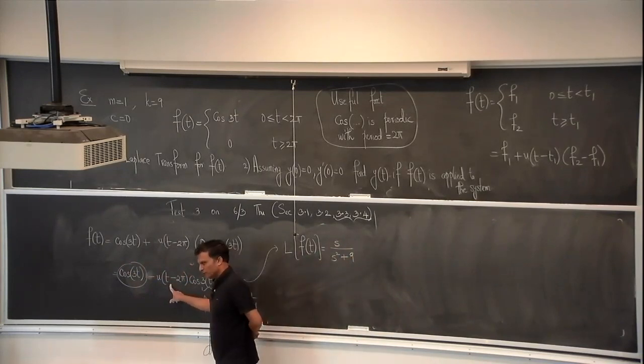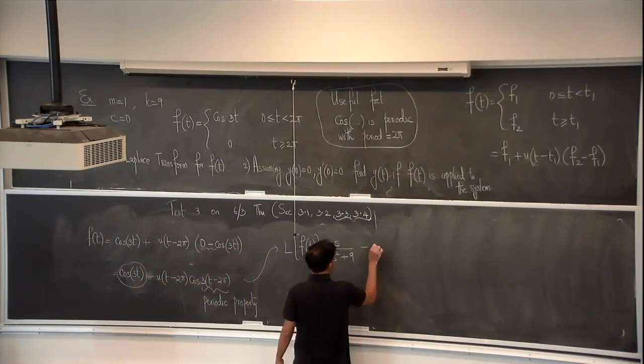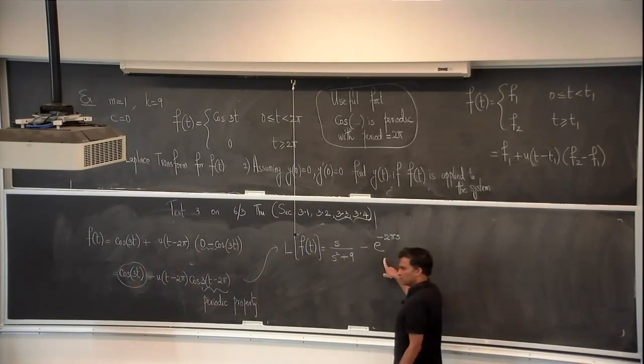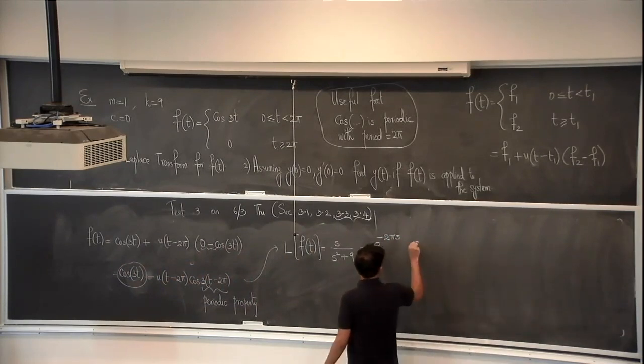This is the one that you have to be careful about. U becomes e when you go to the right. That's minus e to the power of negative 2 pi s. There's no s in the denominator. Look at the second shifting theorem. It's e to the power of negative 2 pi s times f of s, which is going to be s over s squared plus 9.